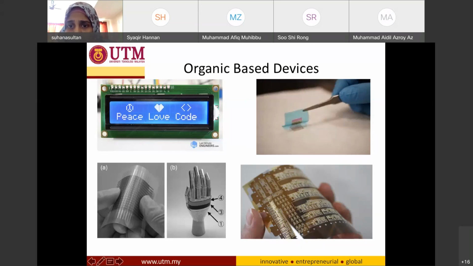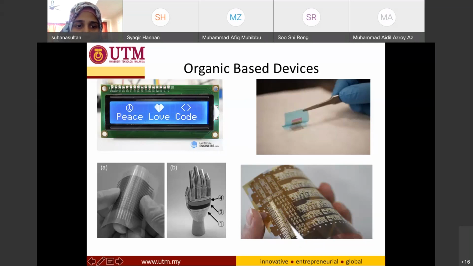So they are growing circuits on this tape, and then they just do a bonding between the one that they grow to the device substrate, which is the plastic base. This is another type of substrate. They put the circuits on a flexible substrate. Okay, they can actually print it.